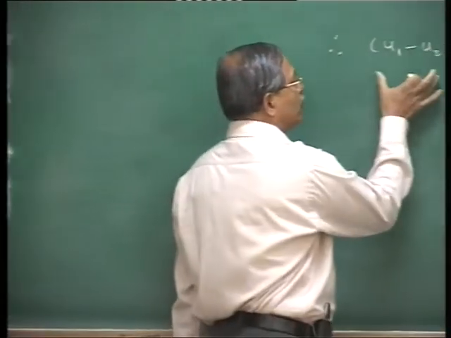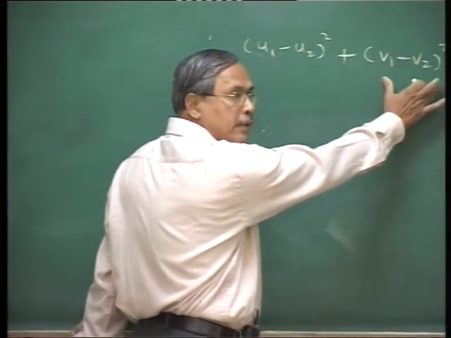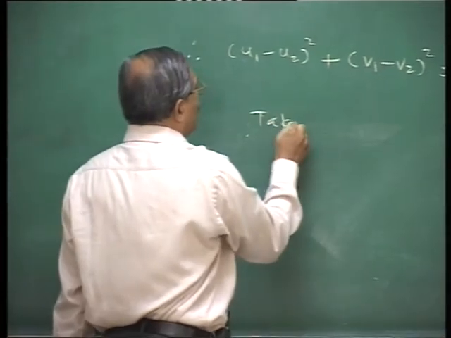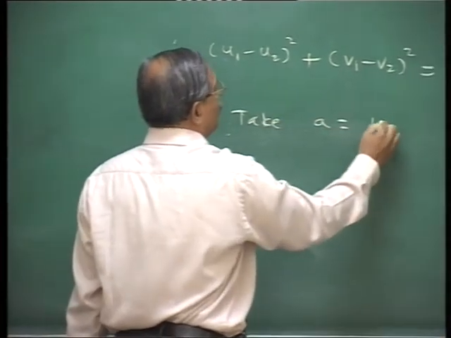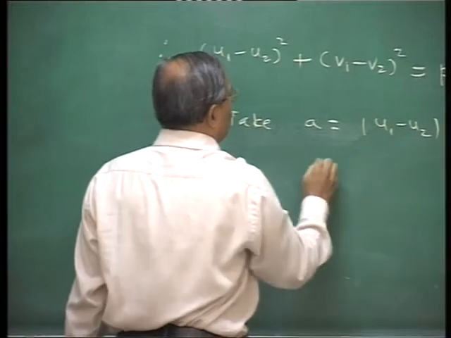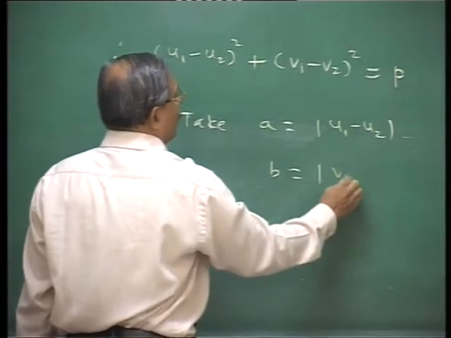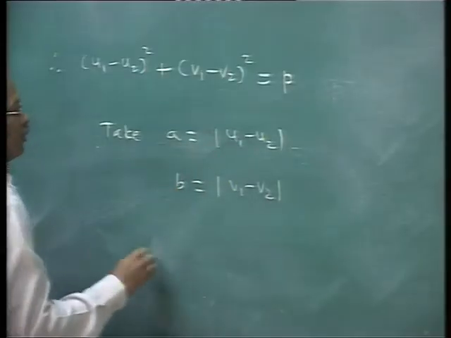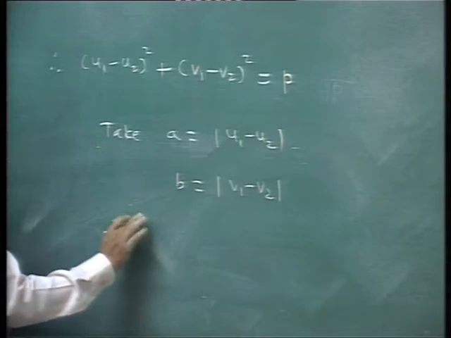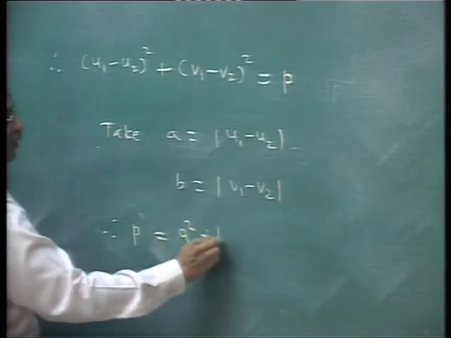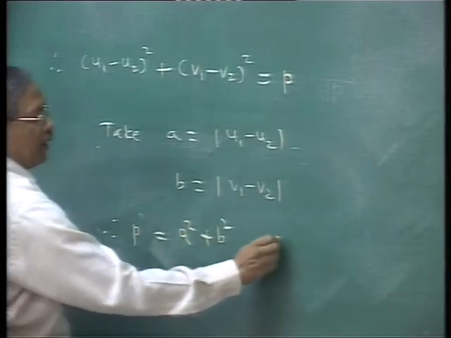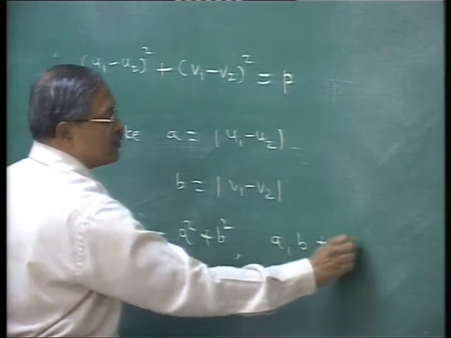You wanted p equal to something square plus something square, a square plus b square. So take a equal to mod of u1 minus u2, b equal to mod of v1 minus v2. Therefore p equals a square plus b square, with a, b positive integers.